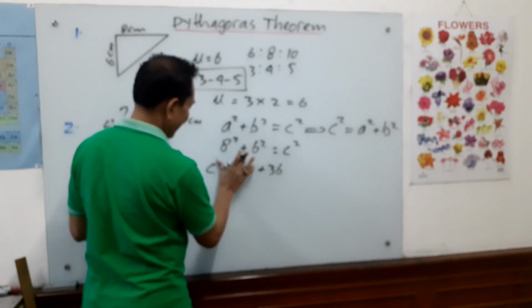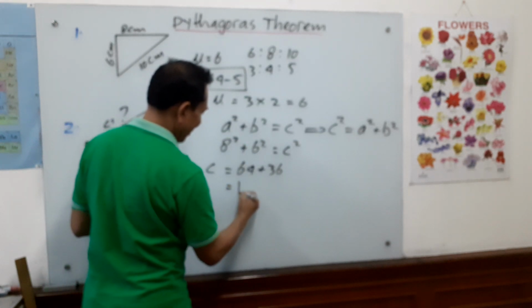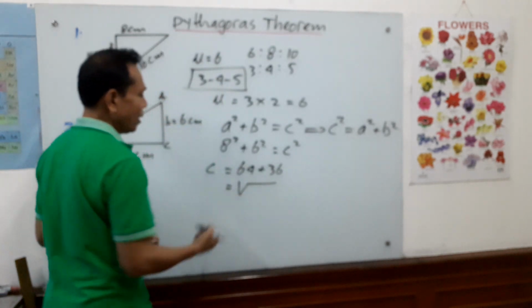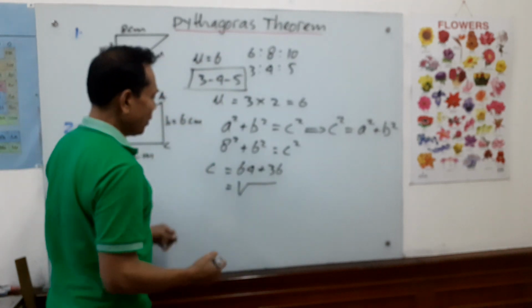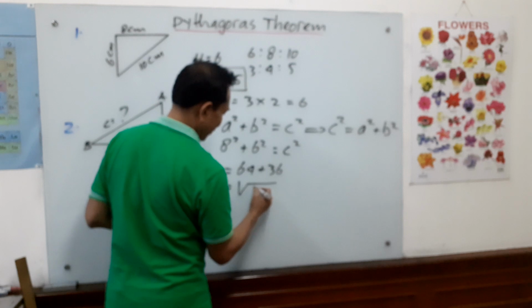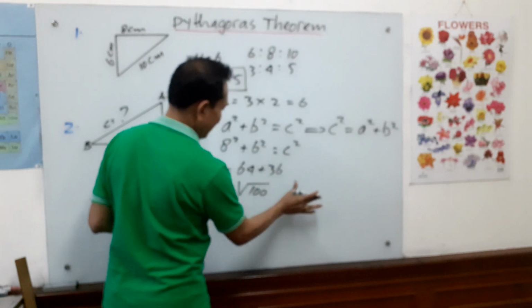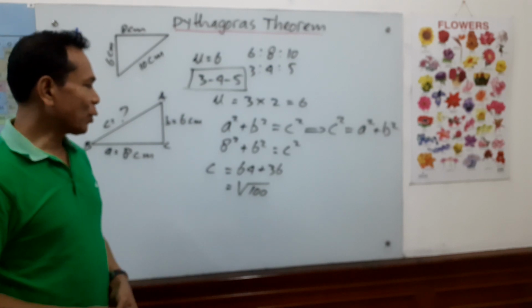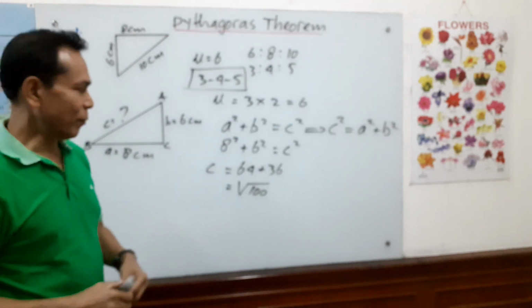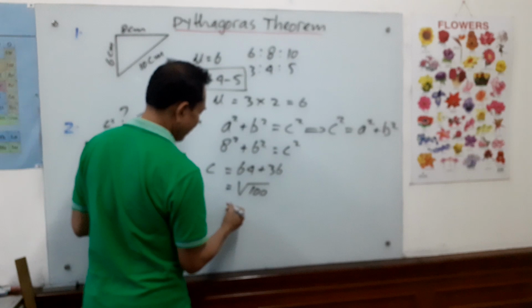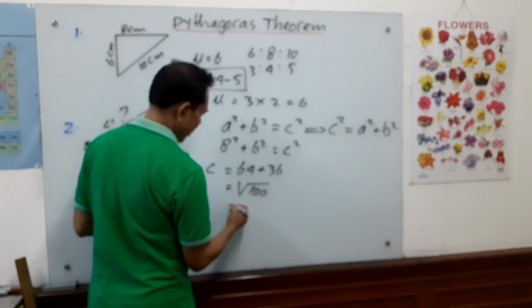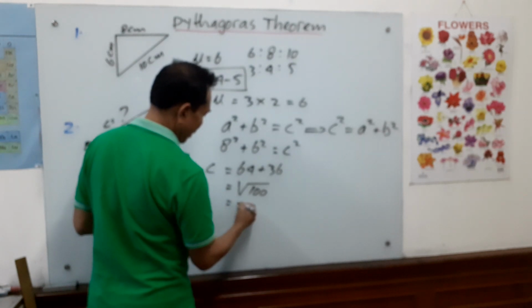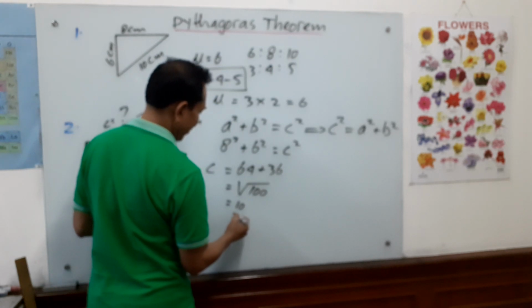Now, we take this out. We put this under square root. 64 plus 36 is 100. Now, we know that square root of 100 is a perfect square. So it is 10.